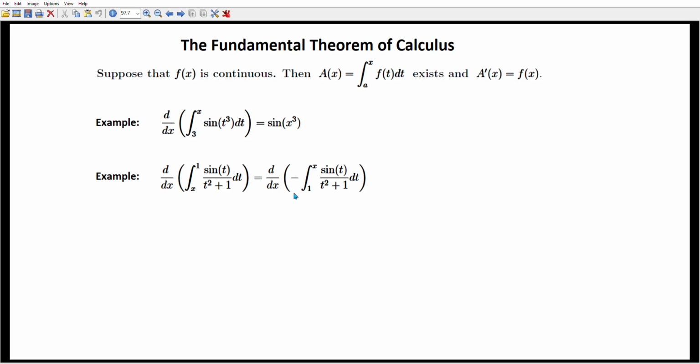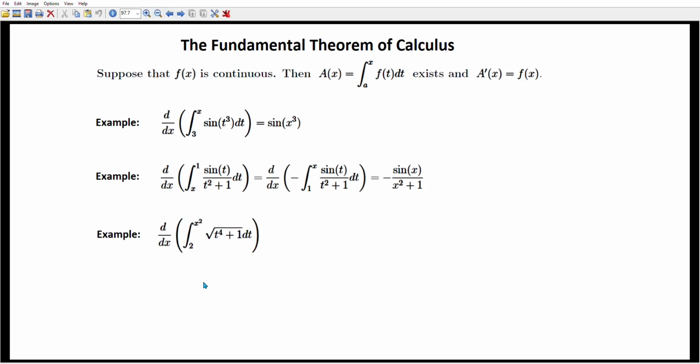So if we do flip the limits, we do get an integral that looks exactly like this, and there's a minus which just factors out, and the answer ends up being minus sine x over x squared plus 1, which is just what you get when the integrand variable t is replaced by the variable x.